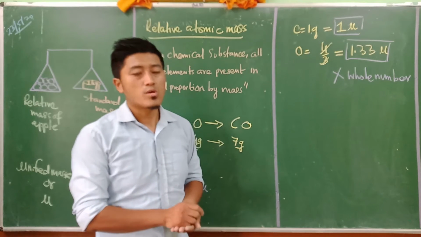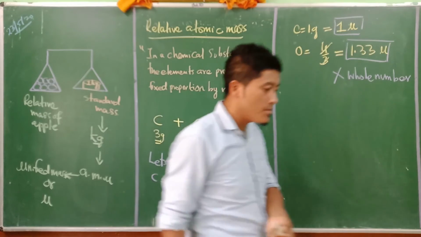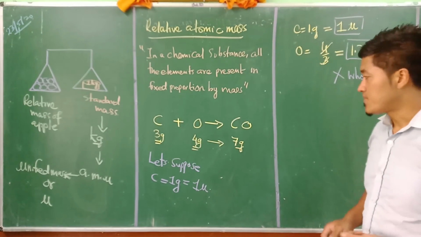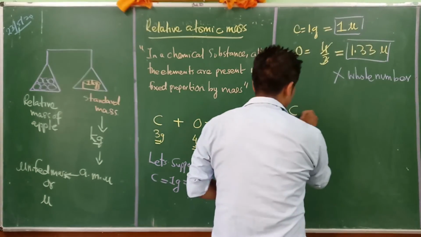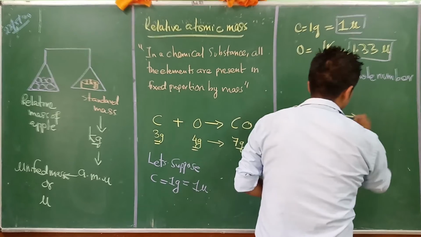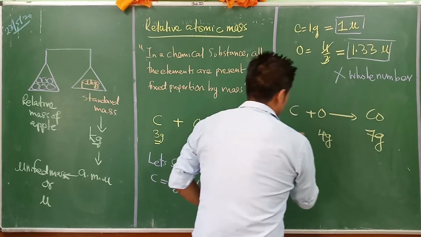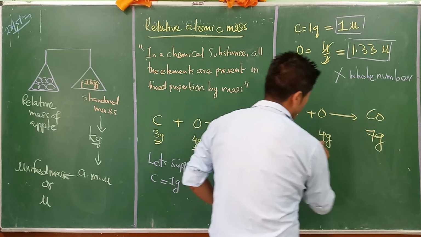So they went for some other element, and at that time one of the dominant elements was oxygen. Now I'm going to write this reaction once again here. Carbon plus oxygen gives rise to carbon monoxide. This is 7 gram, this is 4 gram, this is 3 gram.